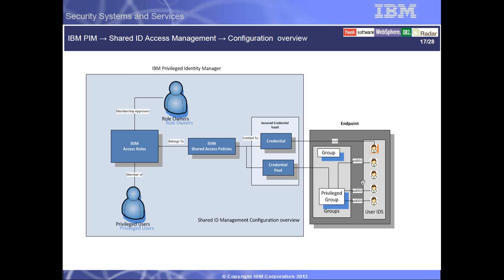Let's say in this case we have 3 privileged IDs as part of a privileged group, and those can be part of a credential pool, so anyone who has this role would get access to these IDs based on their availability. So that's the basic configuration overview, just to give an idea how it is inside.